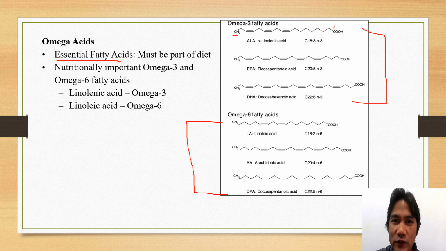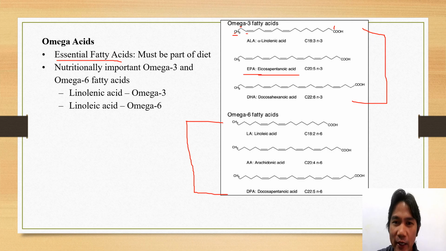So beginning from the omega, this is 1, 2, and 3. There are 3 carbons including this carbon. That's why omega-3.